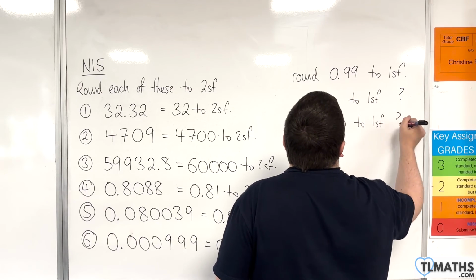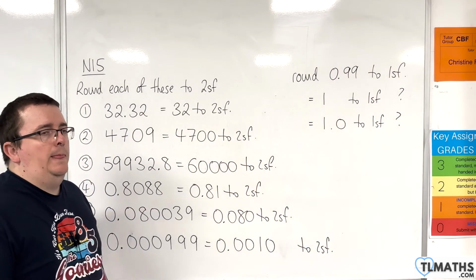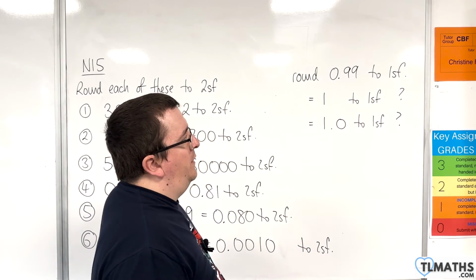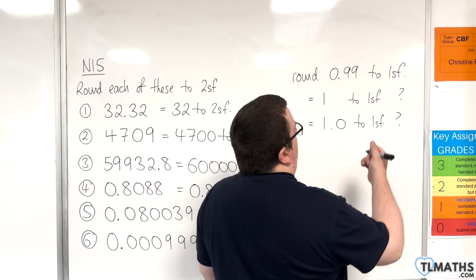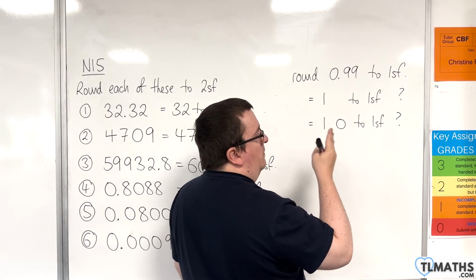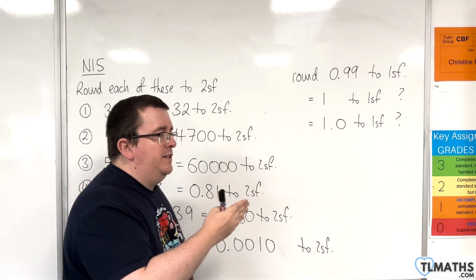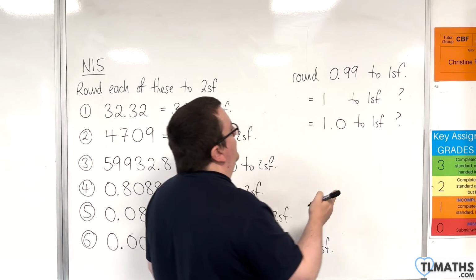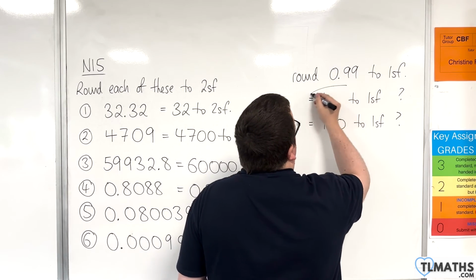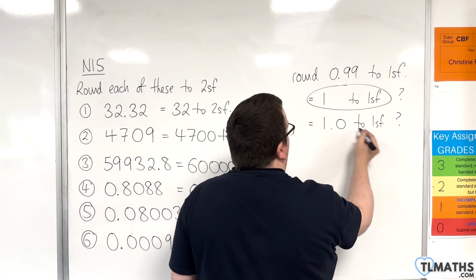Is it this one, or is it this one? Well, because you're writing down the one significant figure, generally speaking, you should just have your one significant figure that you are identifying as your answer. And so the actual answer should be really the first one and not the second one.